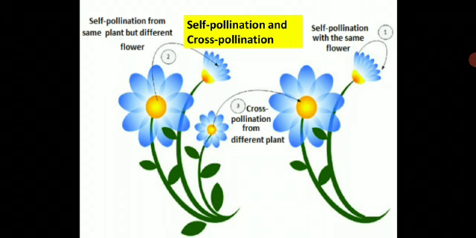So it is from one plant to another plant. That is called cross-pollination, where you have two different plants involved. And self-pollination means self, with the same flower.